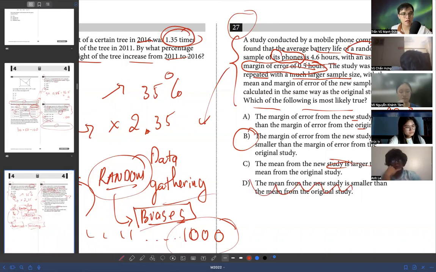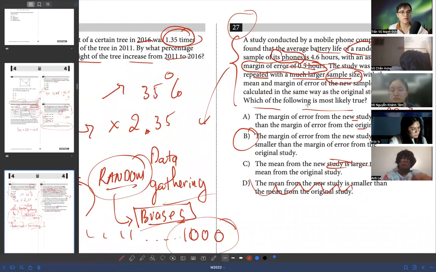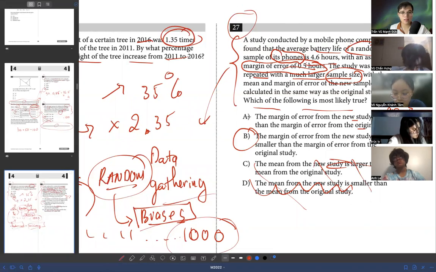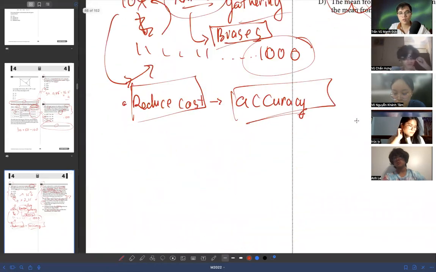The mean doesn't have anything to do with the sample size. The mean is undefinable. It doesn't relate to sample size. The only thing that relates directly to sample size is the margin of error. So about the mean, you can cross them out almost instantly. The mean doesn't matter. But the margin of error is the only thing that relates. So it's B. All right, next one.